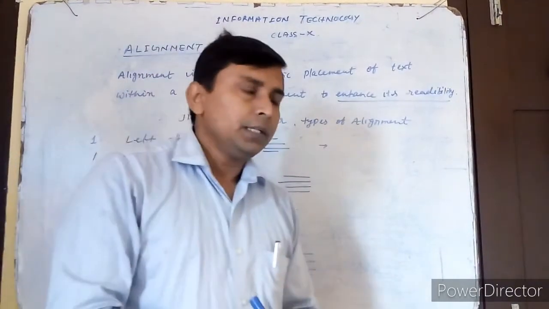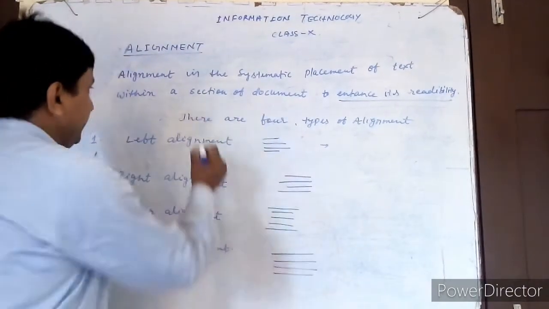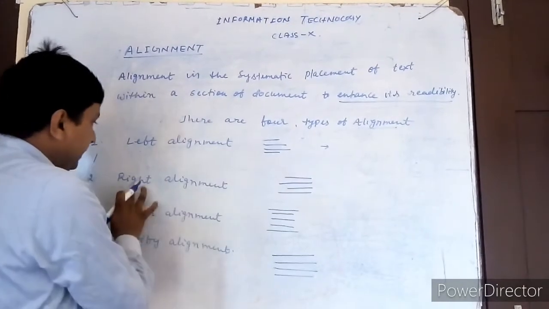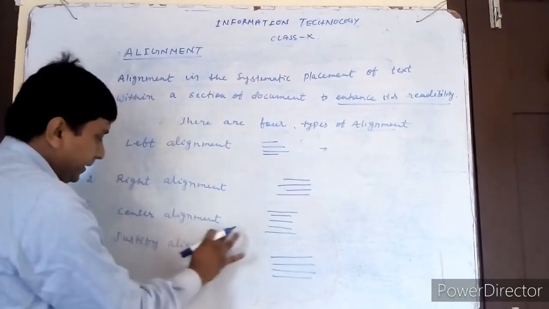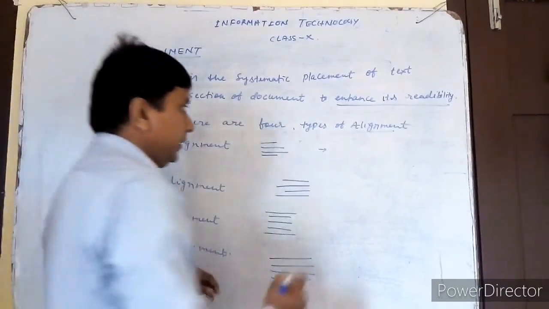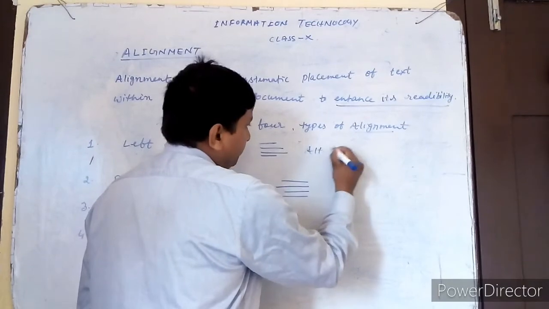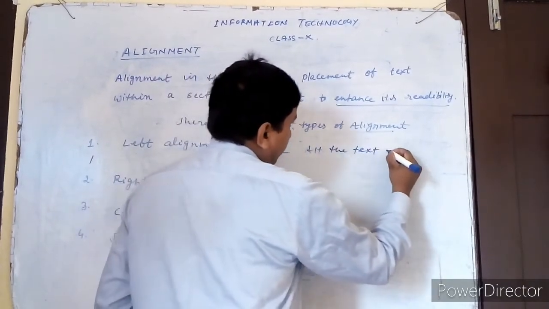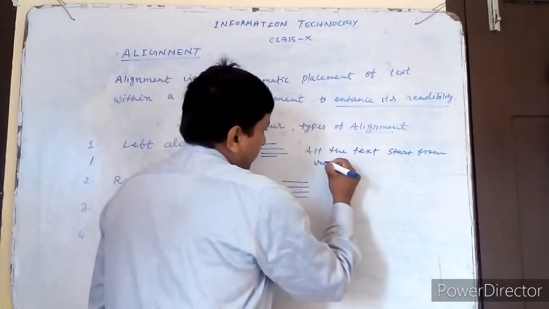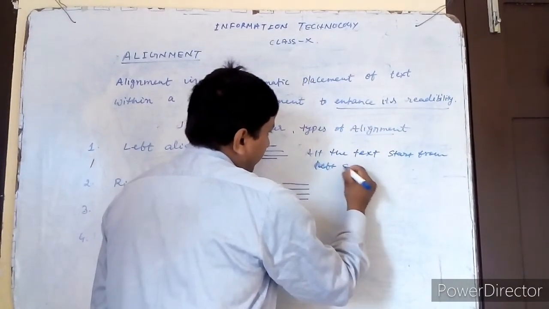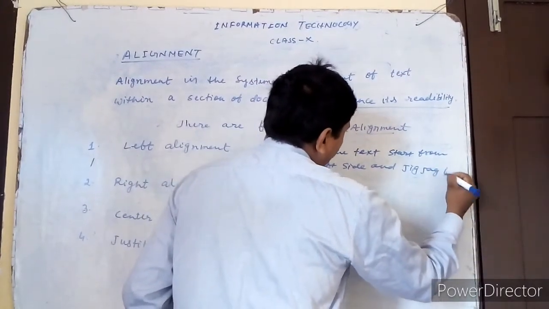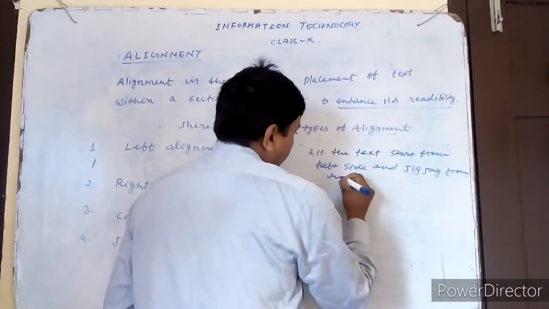Okay. Now there are 4 types of alignments. First, left alignment. Second, right alignment. Third, center alignment. And fourth, justify alignment. In left alignment, all the text starts from the left side and is zigzag on the right side.